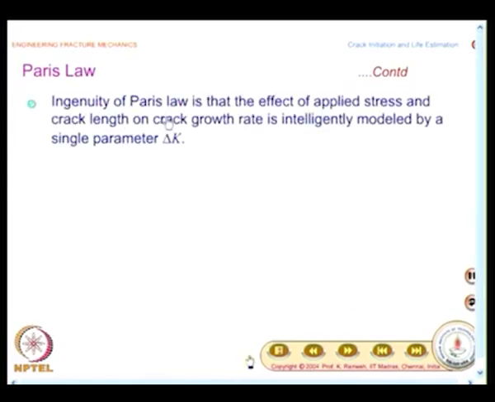What is the ingenuity of the Paris law? The effect of applied stress and crack length on crack growth rate is intelligently modeled by a single parameter, delta K. That is the advantage of it.